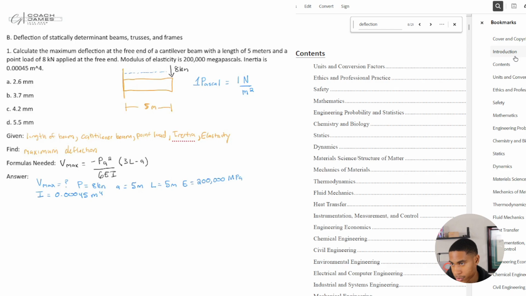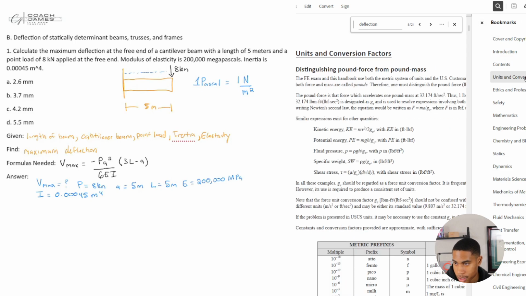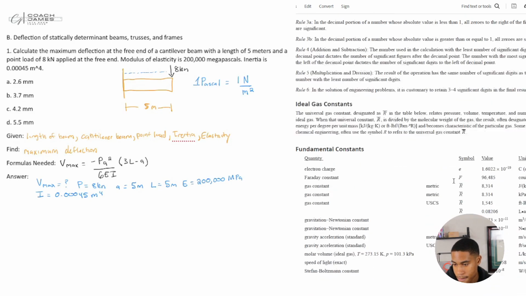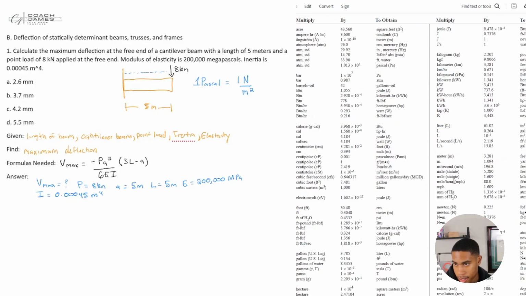I've kind of memorized this stuff, but if you ever get confused, the Pascal is just one that you want to know, but you can always go to your unit conversions and look for Pascal.